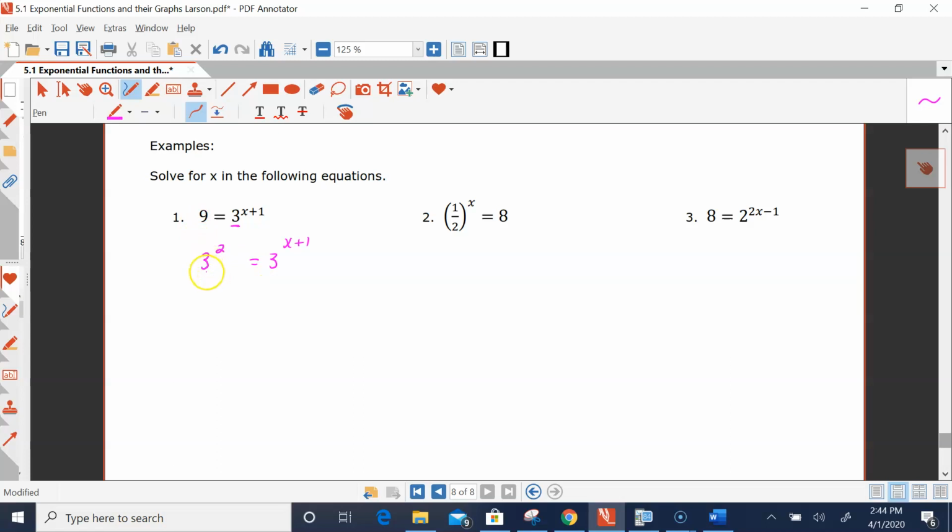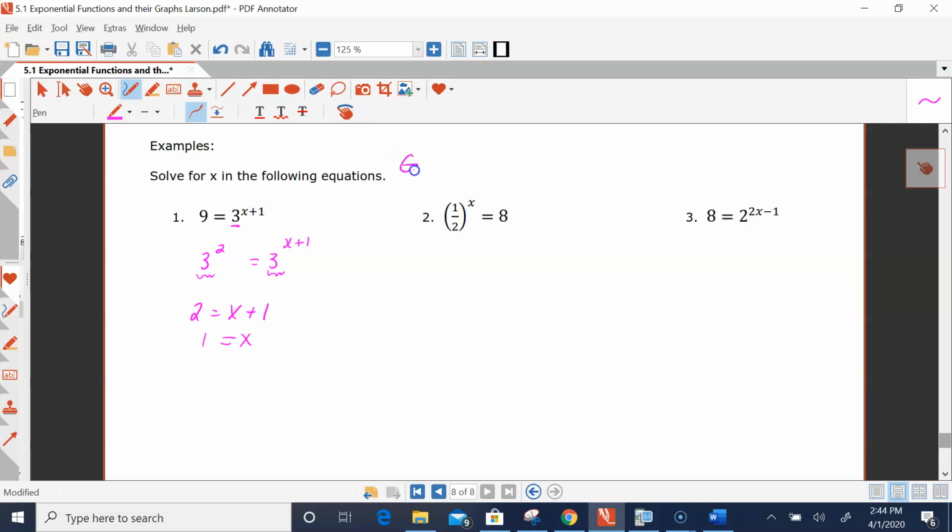So now I've got my two bases matching, so all I have to do is set my exponents equal to each other, and very easily solve for x. If I subtract the 1 on the other side, x is equal to 1. A very simple case of using the one-to-one property.